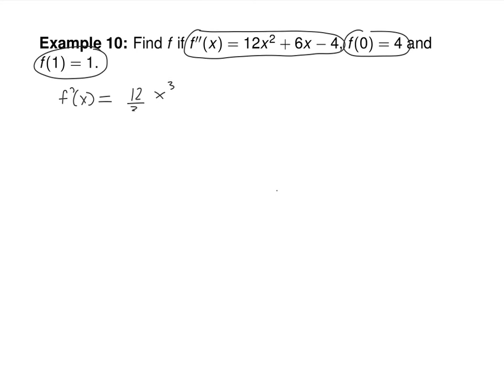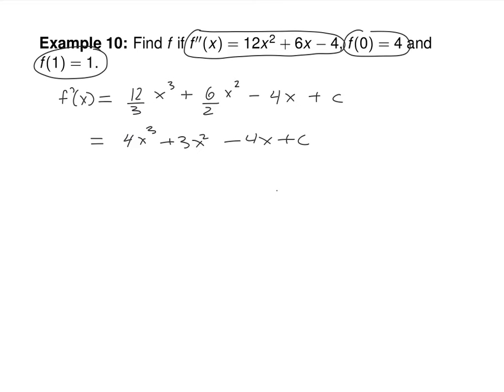Third, and then over 3. 6x to the second over 2, and 4x, and then plus c. And let's just reduce those coefficients. 4x cubed plus 3x squared minus 4x plus c. You can do that in one step. Like, you can divide 12 and 3 in one go if you're on top of it.